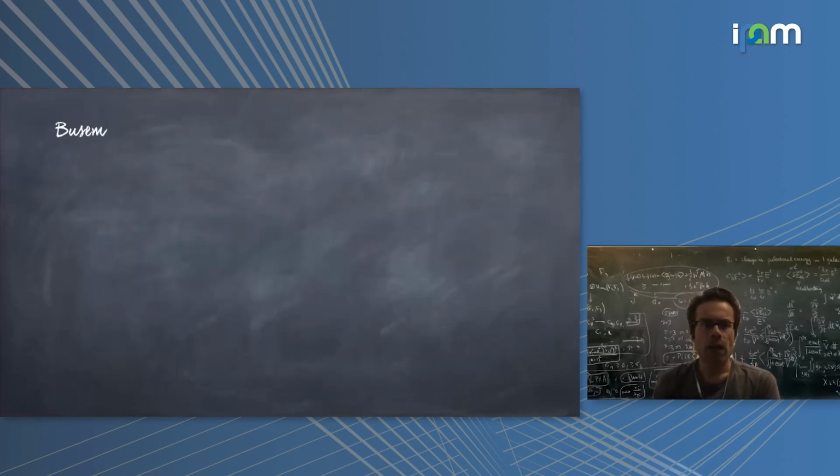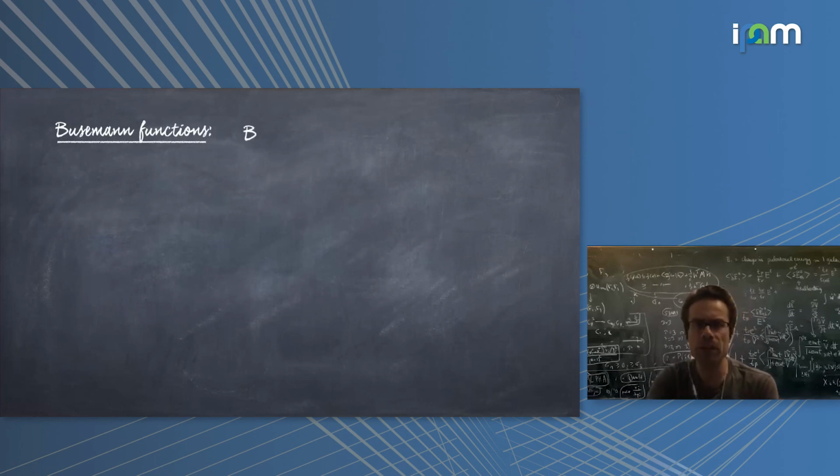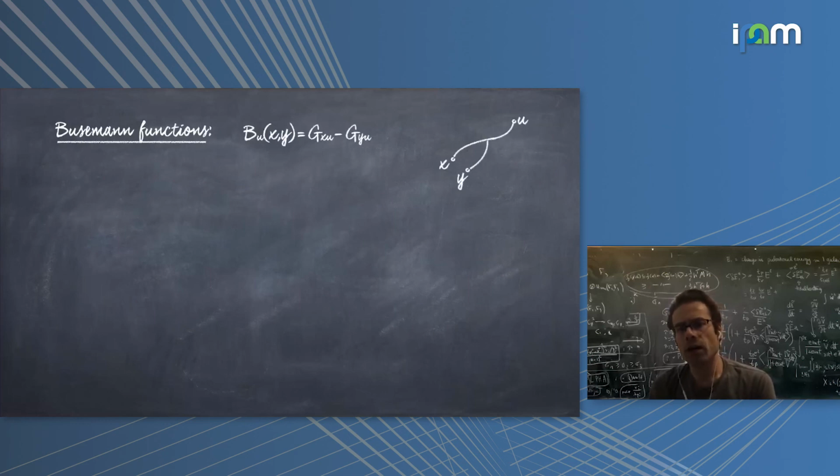All right, so a tool that's going to be important in what follows is called the Busemann functions. So what are these? Let me start with the Busemann functions that have a terminal point. So this is just simply gradients of passage times. So the Busemann function is a function of 2 points on the lattice, pairs of points x and y, and you have a terminal point u.